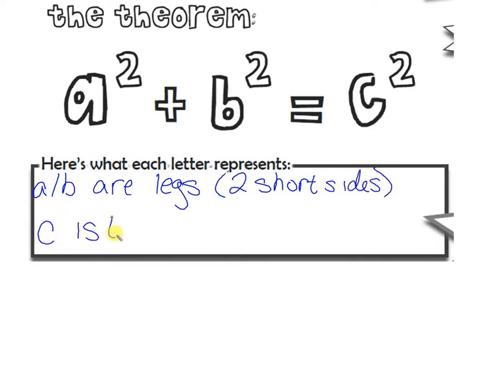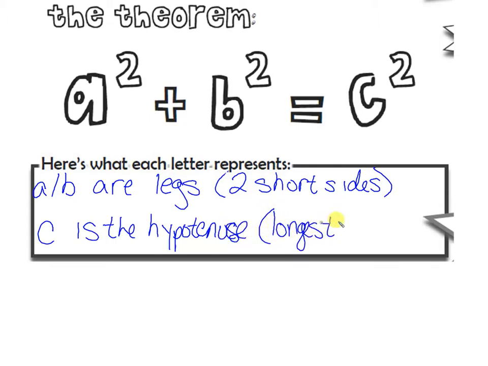And C is the hypotenuse. And C is always the longest side of that triangle.